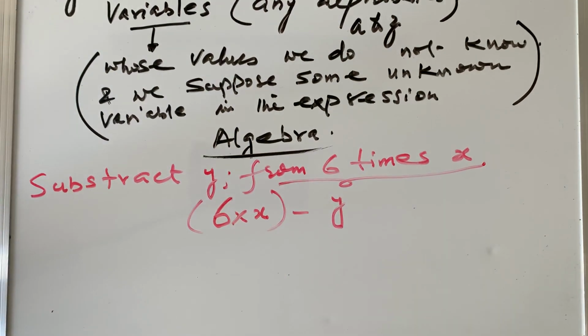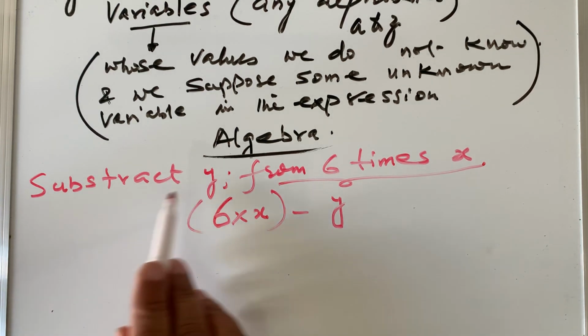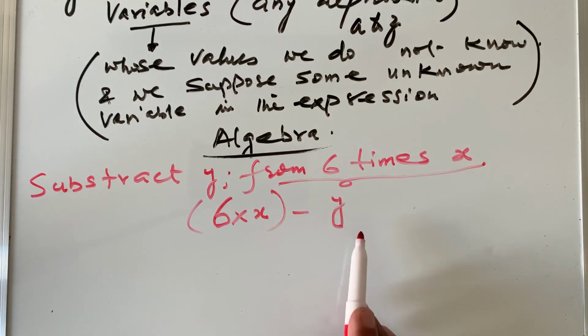Subtract y from 6 times x. So it can be put in other words, and then this will be y minus 6x if I say, okay, subtract 6 times x from y.